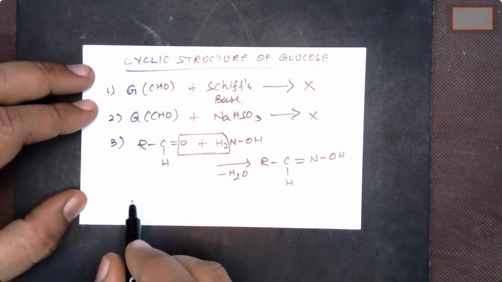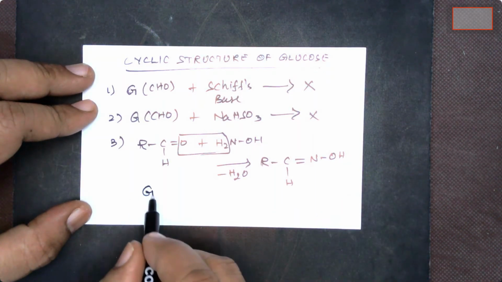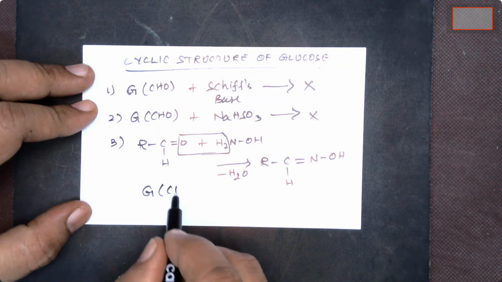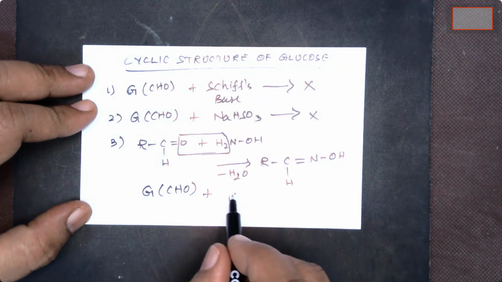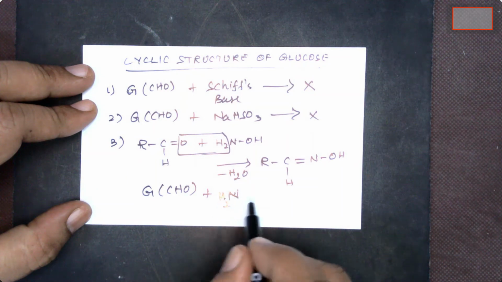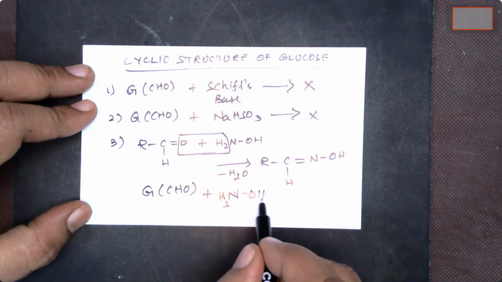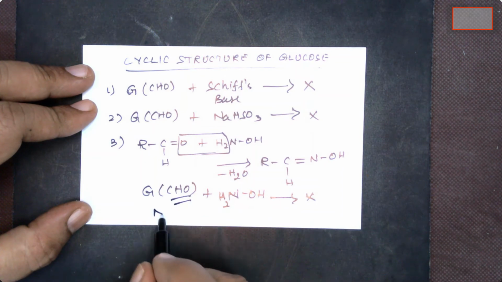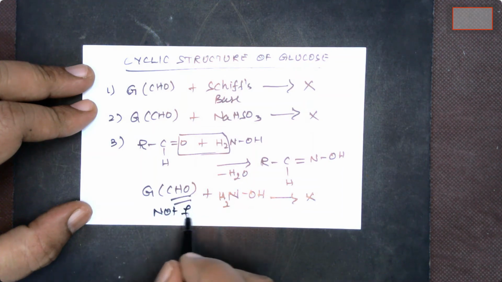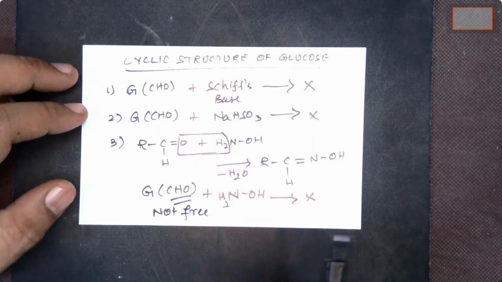So glucose, assuming that it has CHO, does not react with NH2OH. It means this is not free. It's not freely available. It is bound somewhere.